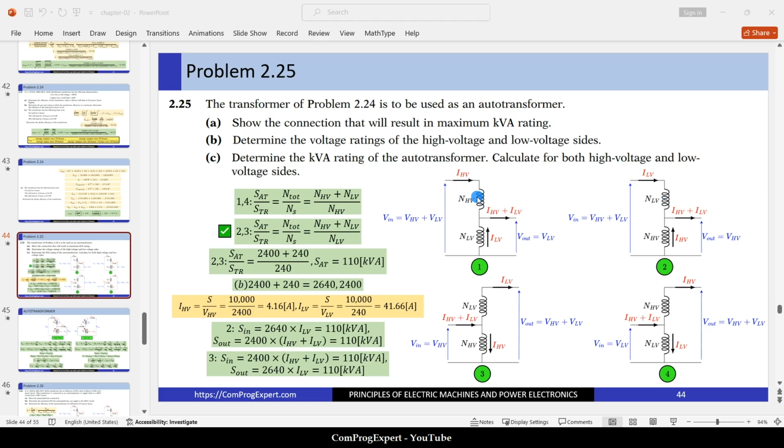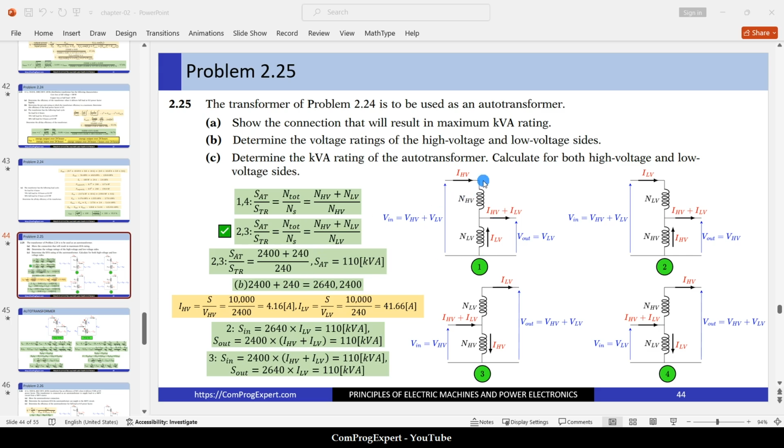Yes, this is the rated current that this coil can tolerate. This is the rated current that this coil can tolerate. And in the maximum case, we will have these currents in these two coils, and we'll have this maximum current for the rated condition. We should calculate the rated power of the autotransformer.